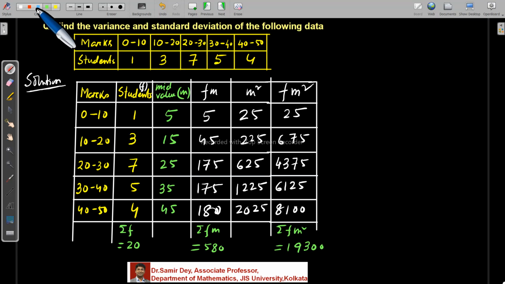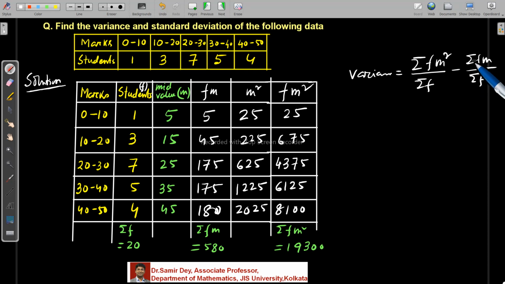Now you write down the formula. The same process will follow. Variance is equal to summation fm square divided by summation f minus summation fm by summation f, whole square.